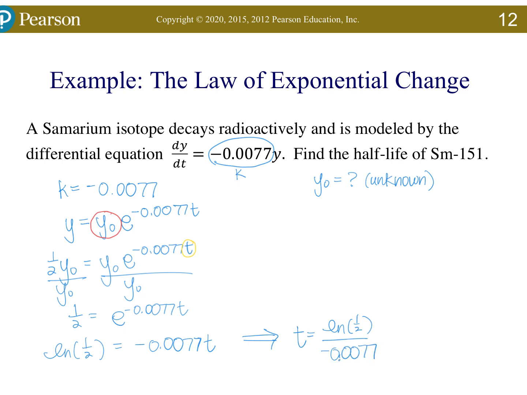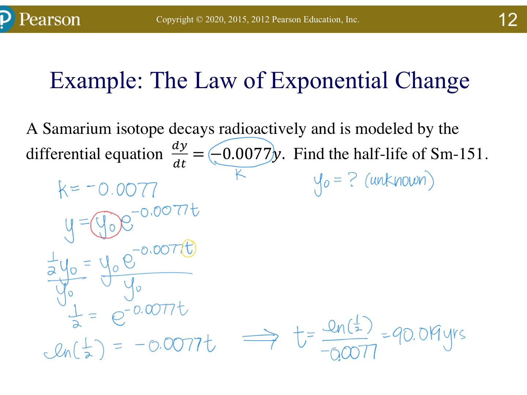This is where your calculator would come in handy so that you could evaluate what the actual half-life would be. So I'm going to check what ln of 0.5 divided by negative 0.0077 is. It turns out to be 90.019 years. So this particular isotope takes over 90 years to decay to half of its present value.